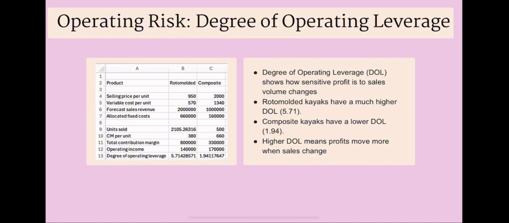And then the composite kayaks have a DOL of 1.94, which is much lower. So if you look at the rest of the table, you can see how the contribution margins and operating income feed into those DOL values. And seeing this data laid out like this makes it really clear that the rotomolded line is a lot more sensitive to changes in sales compared to the composite line.